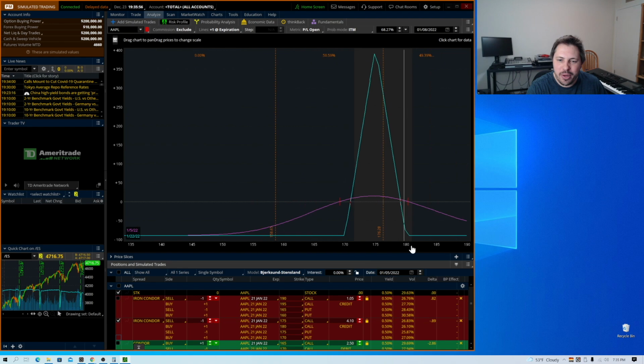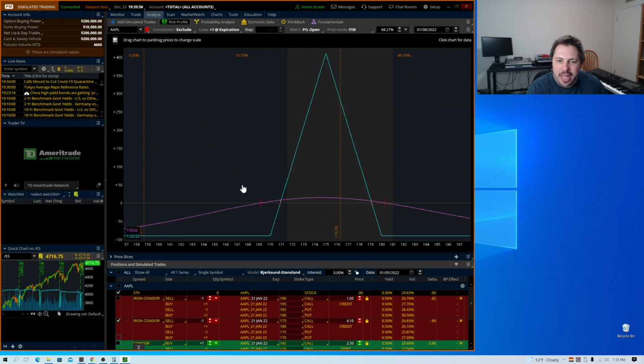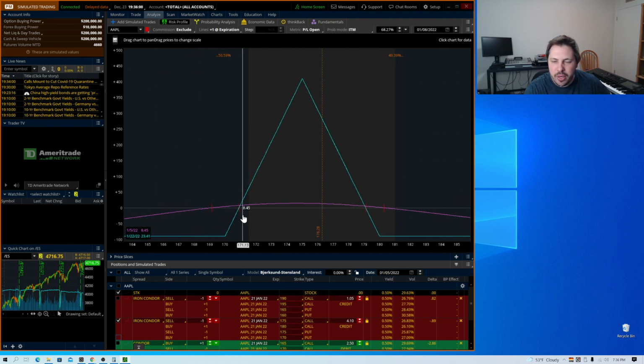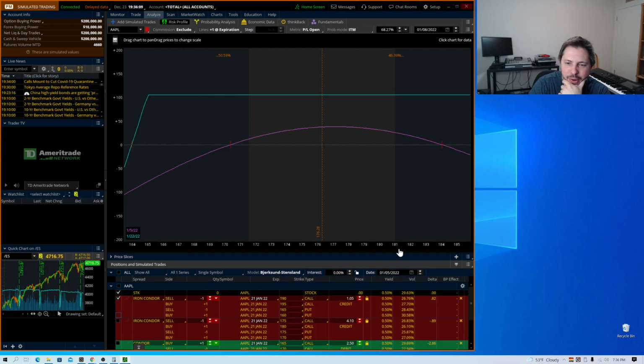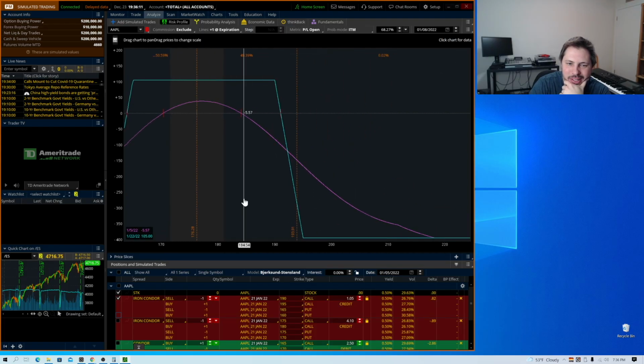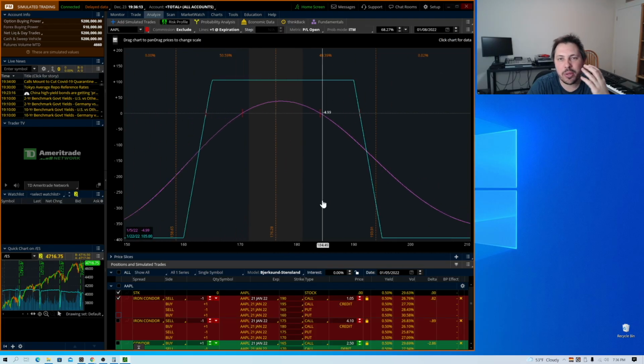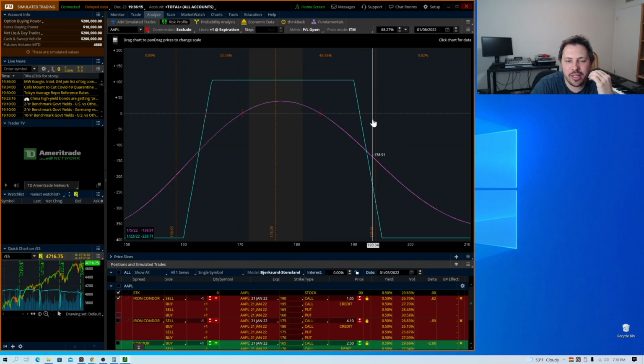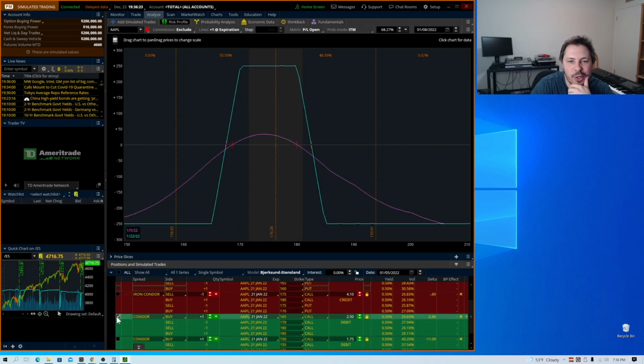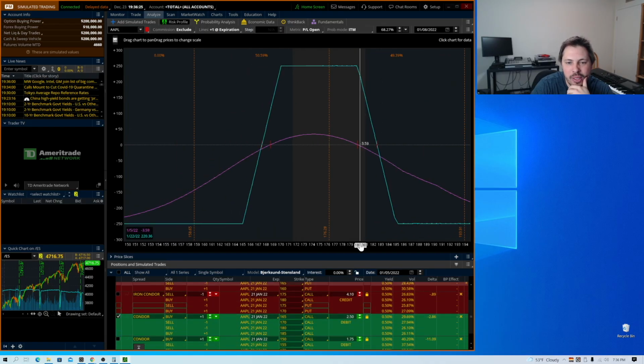The iron butterfly is a combination of the put credit spread and the call credit spread, with the short middle strikes being the same. The iron condor is the same, except the short strikes are above and below where at the money is.